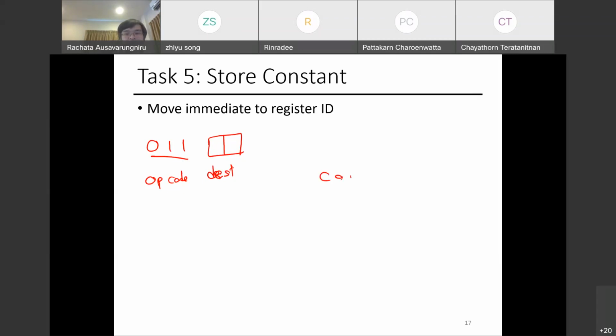I have my constant number. And let's say this is R1. What I want to do is R1 equals constant. So how can I represent a constant number in my instruction?